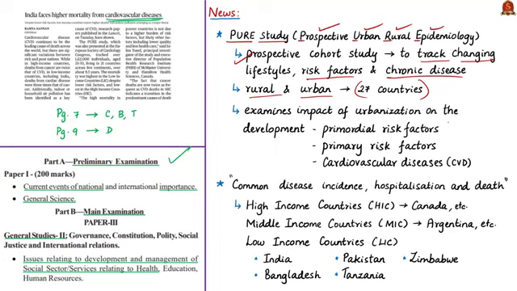The PURE study examines the impact of urbanization on the development of primordial risk factors, primary risk factors and cardiovascular disease or CVD. Here primordial risk factors mean already existing risk factors such as lack of physical activity and nutrition changes.